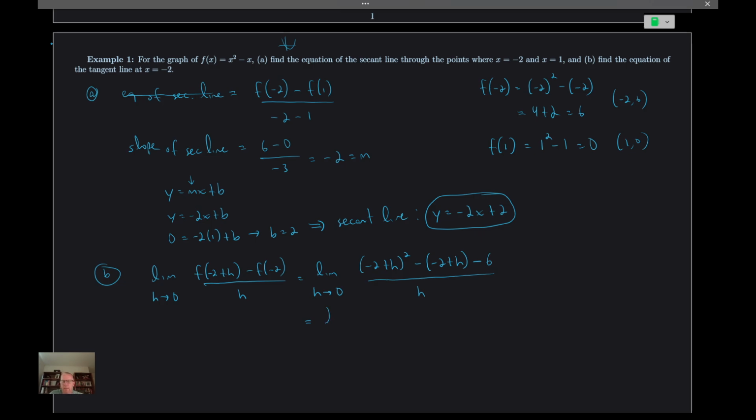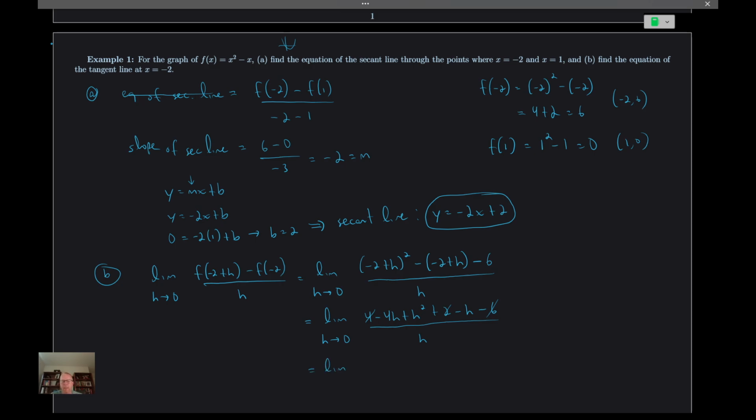Then we get the limit as h approaches 0. Let's FOIL this out. We get 4 minus 4h plus h squared. Distribute the negative, so plus 2 minus h minus 6. And if you remember from last time, when we do this, any term that does not have h should cancel out. Don't just mark them out, but make sure that they do. So 4 plus 2 minus 6 is 0, so that does cancel out.